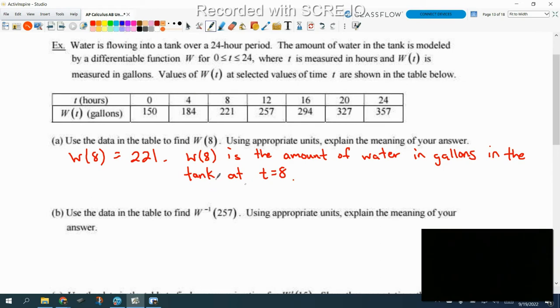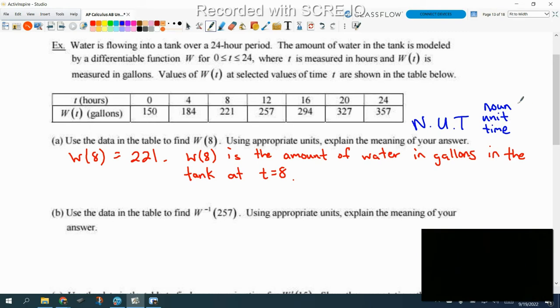When you write out an explanation or meaning of your answer, you should have 3 things, and they form the acronym NUT, N-U-T. You're going to have a noun, a unit, and a time. Sometimes time is actually the noun, and then your time part of your answer refers to the input.